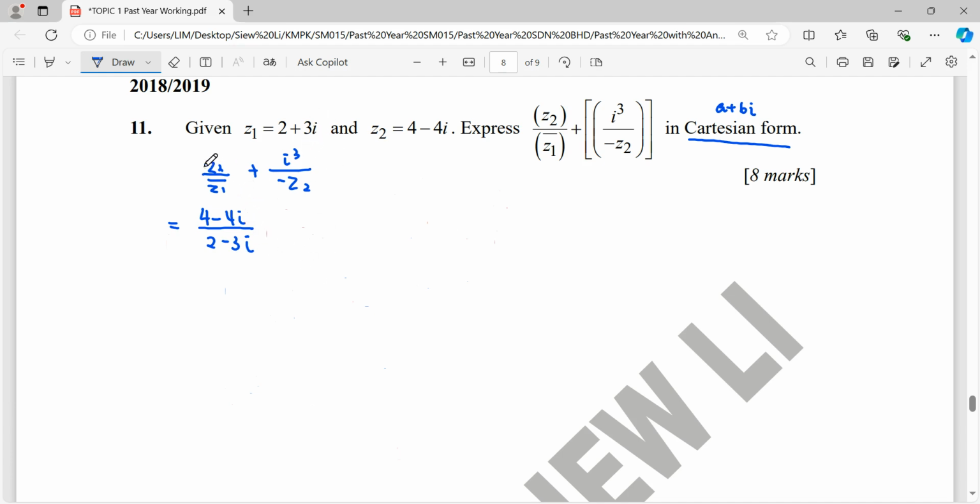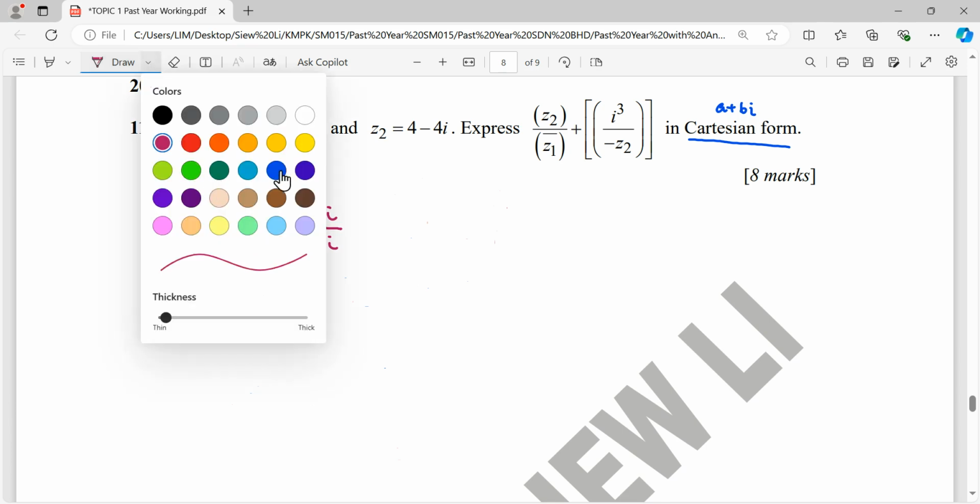When we express our complex number in division, how we simplify this is we need to multiply with its conjugate. So referring to the denominator complex number, its conjugate will be 2 plus 3i, to simplify this division of complex number.